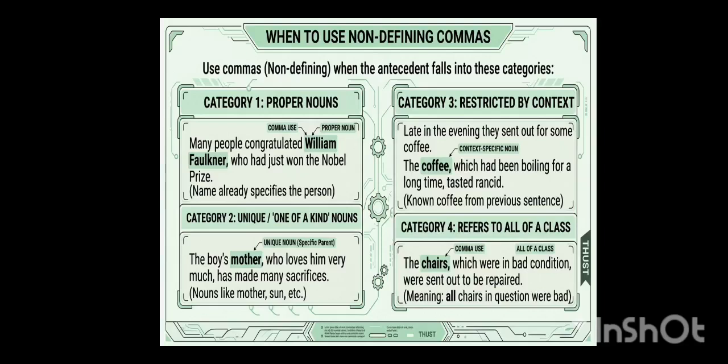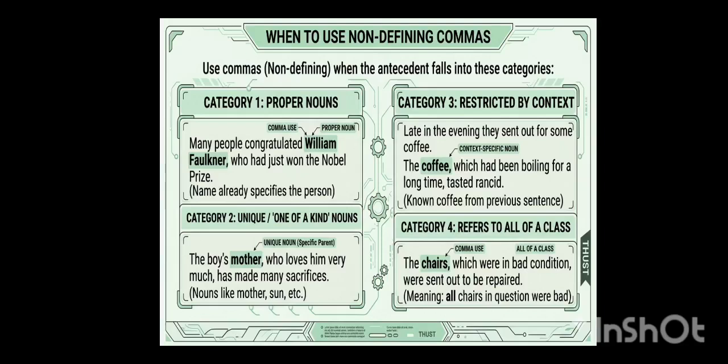The third category is restricted by context. For example, the coffee, which had been boiling for a long time, tasted rancid. If we already know which specific coffee we are talking about from a previous sentence, the clause is just extra info.